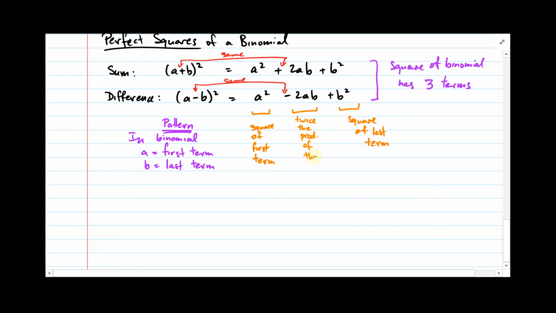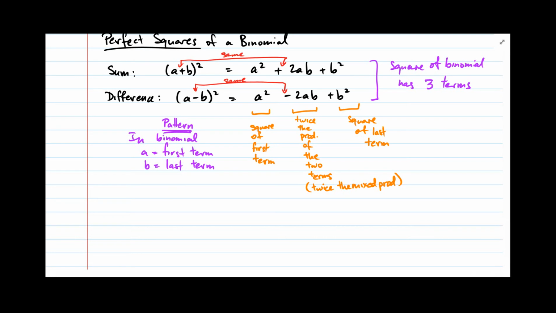Of the two terms. Sometimes I will just say twice the mixed product, meaning that this is my shorthand way of remembering it, but it's really twice the product of the two terms.